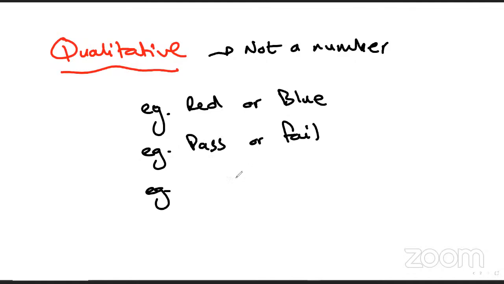Other examples of qualitative data could be large, medium, small, different components of a whole as well. So pass or fail, etc.